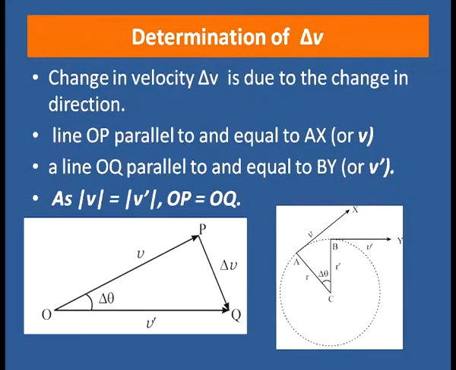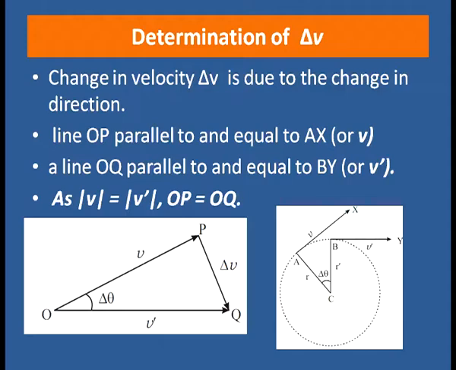Now, let us determine delta v. Let the angle between the position vectors r and r prime be delta theta. Then the angle between velocity vectors v and v prime will also be delta theta, as the velocity vectors are always perpendicular to the position vectors. Now, the change in velocity delta v is due to the change in direction.